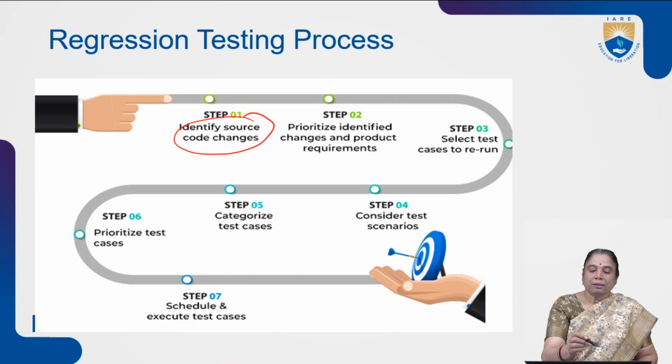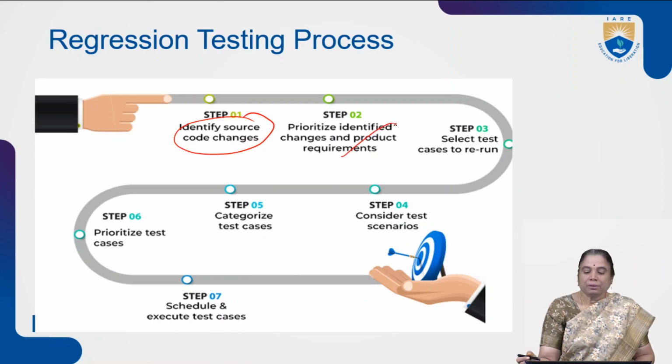So here the first step is to identify any source code changes. The next step, prioritize identified changes and product requirements. The third step, select test cases to run. Next step, prioritize the test cases. Categorize the test cases. Consider the test scenarios.